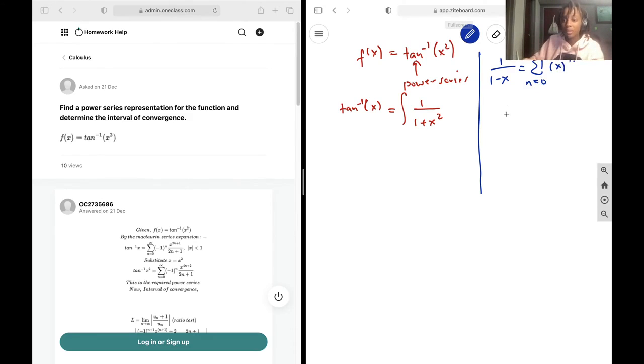So in the scenario where we have 1 over 1 plus x squared, let's rewrite it on this side, that is the same thing as 1 minus negative x squared. So let's just put that in.